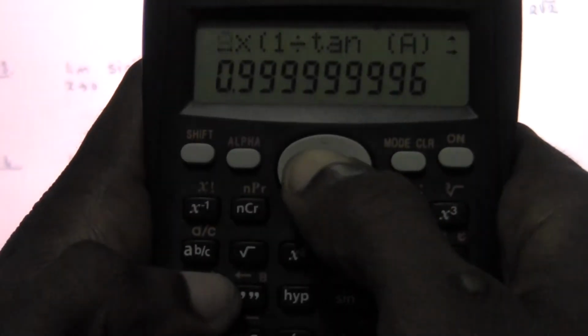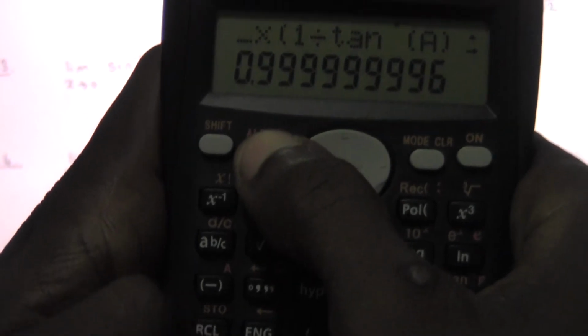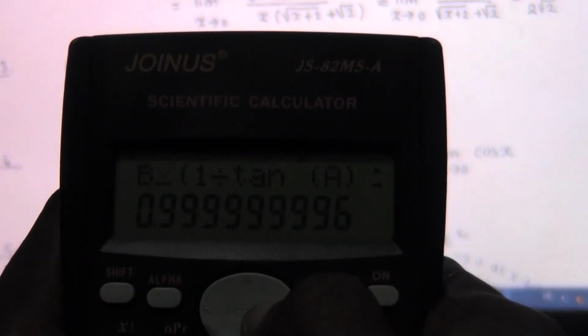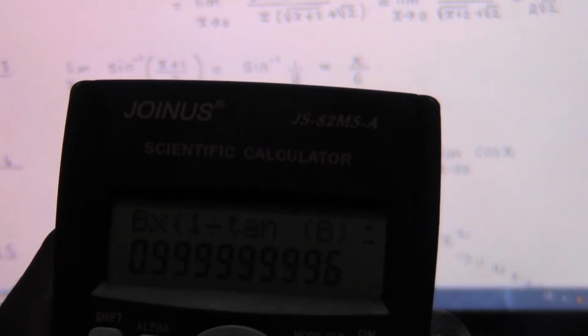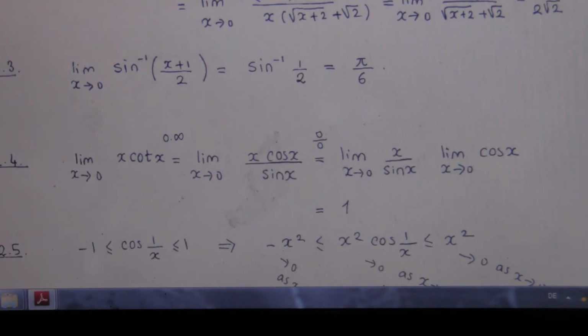And then I do it for b, and it equals something close to 1 again. So I know this answer is supposed to be 1. So I practically know where I'm heading to. I will keep readjusting the equation until I get 1. I will not give up until I get 1.